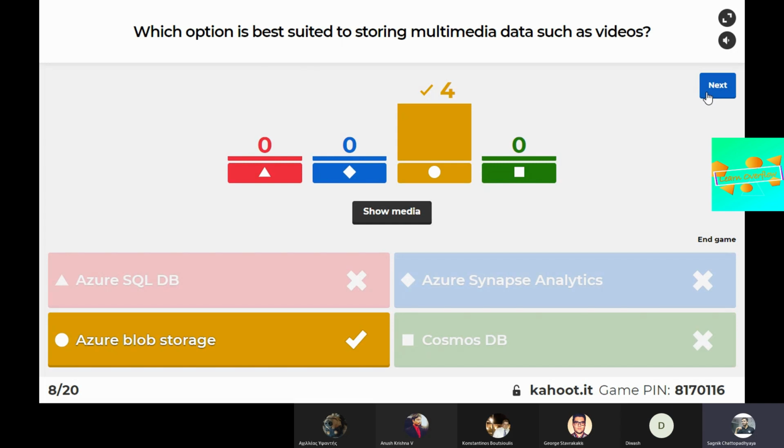Synapse, in brief, is something like big data analytics and enterprise data warehousing together. It's like the data warehouse and the big data analytics part together in one place. But we have to go into detail, it's just a bird's eye view, and there is a lot to it actually. Okay, thank you, Anush.